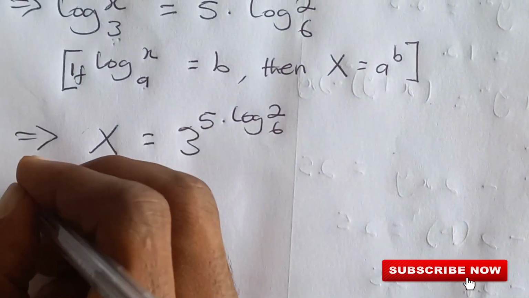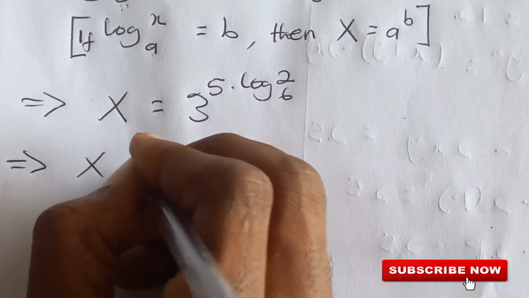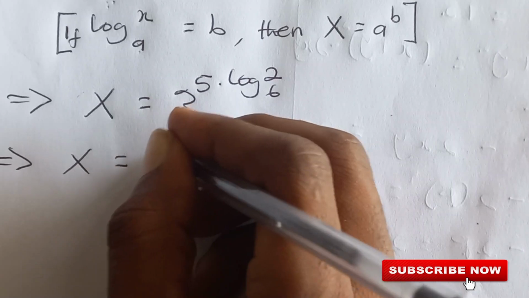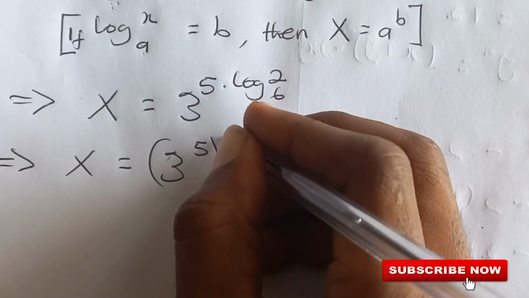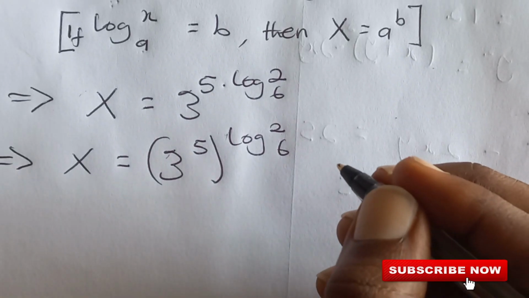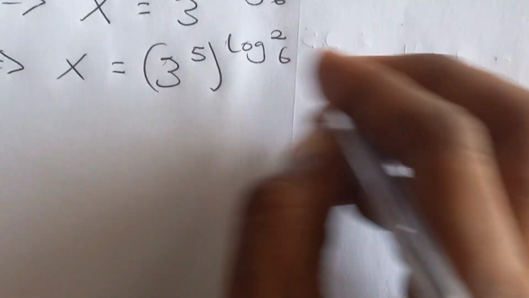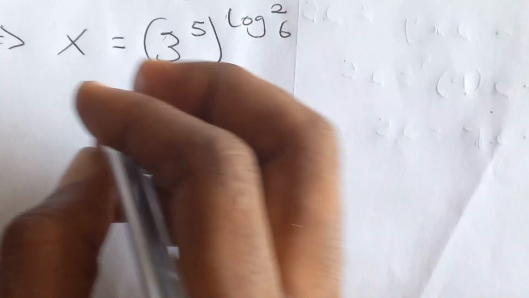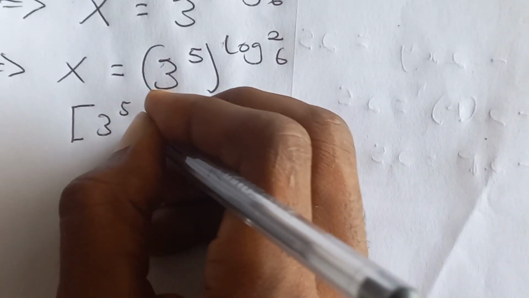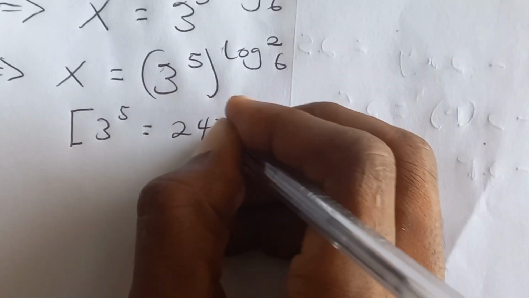And also we can say that x is equal to 3 exponent 5, brackets, then exponent log 2 base 6. But we know 3 exponent 5 is equal to 243.